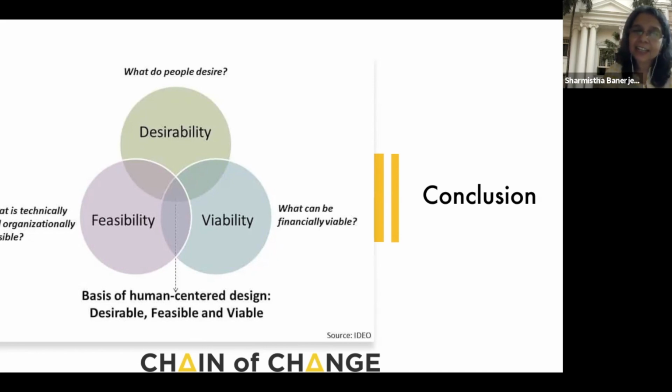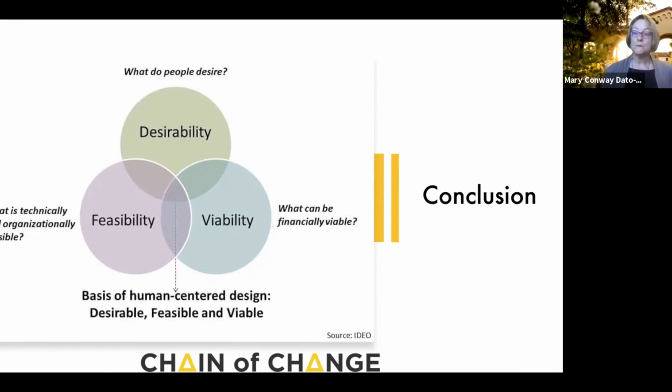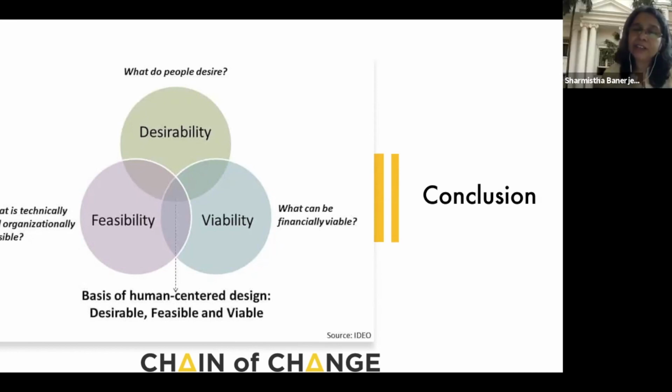It is technically feasible because an app can be designed, but whether it is financially viable, because the app designer has asked for 20,000 rupees at least, and whether it would add value worth more than 20,000 is what we are still debating. So on the basis of considering all these three junctions, Gargi is in a position where she is thinking all this. So I could apply this to one of the businesses that Chain of Change is handling just now.